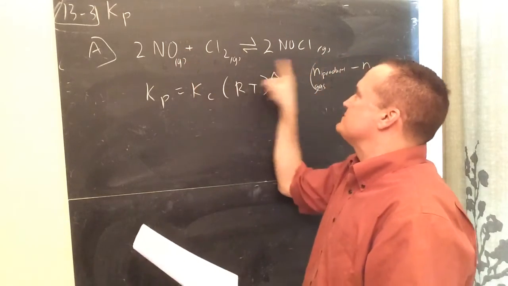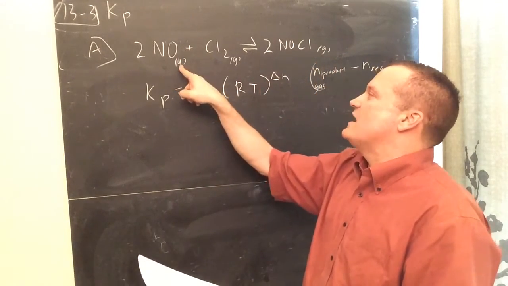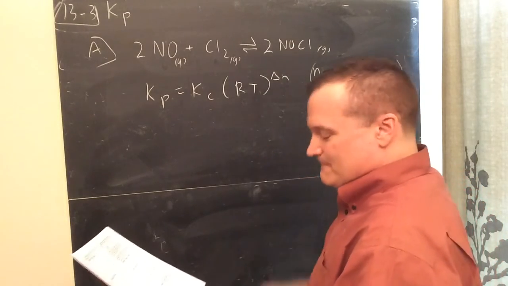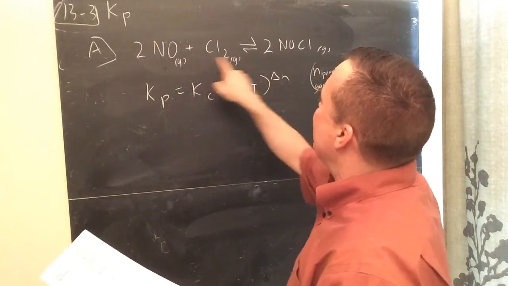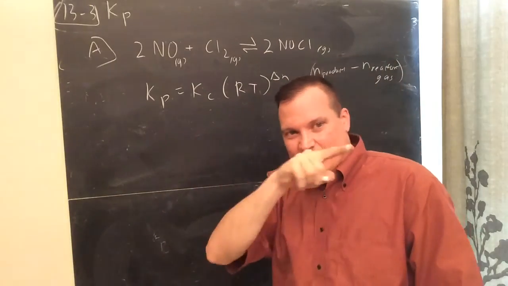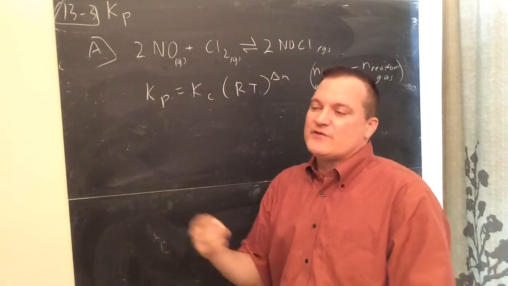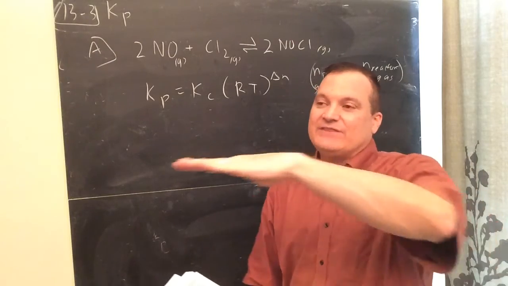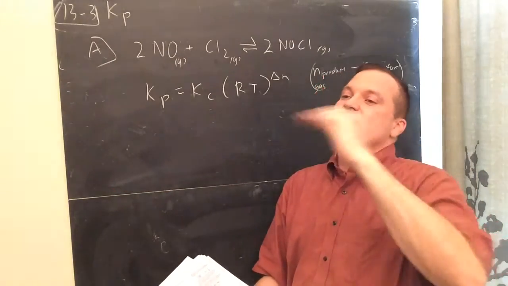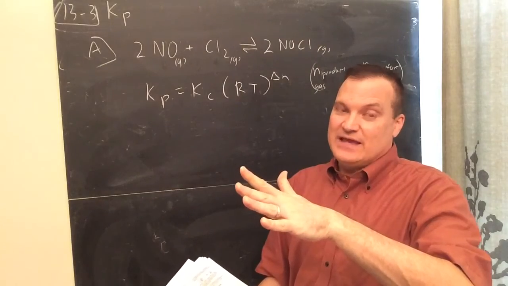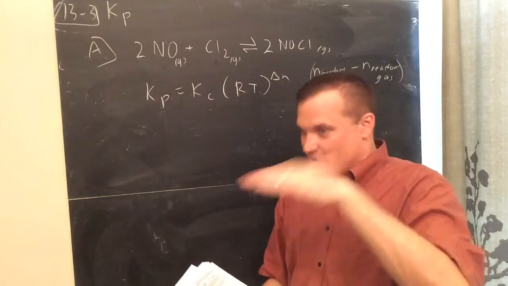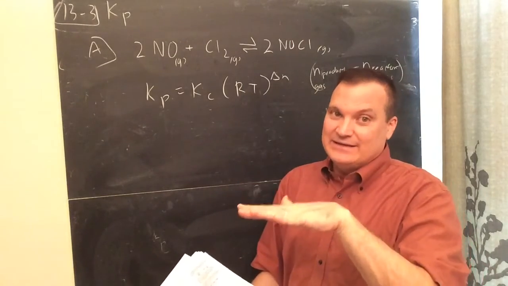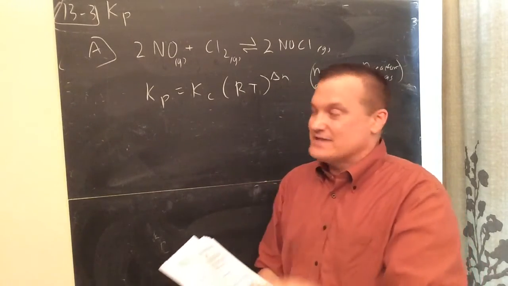It's good to look at those because if for some reason one was a solid, it would not be included in the equilibrium expression, or if it were a liquid. It has to all be gas, or when we're doing other equilibria later, all aqueous. If it's all gas, anything that's not a gas, solid, liquid, or even aqueous, would not be in the expression.